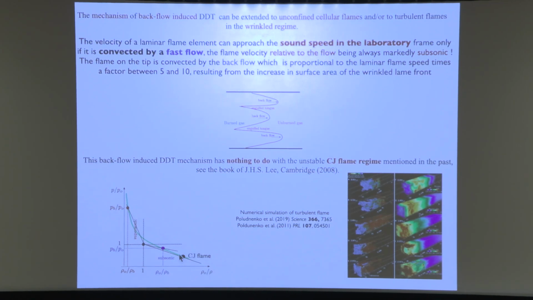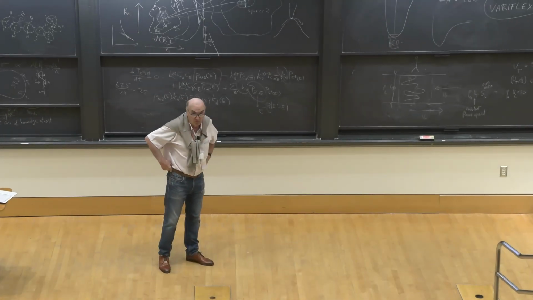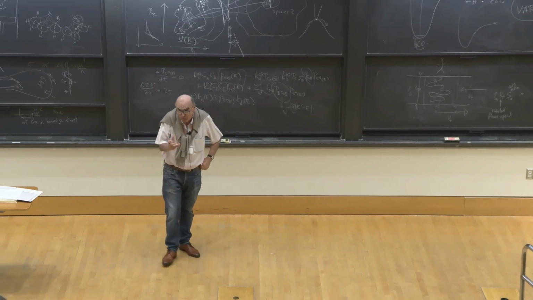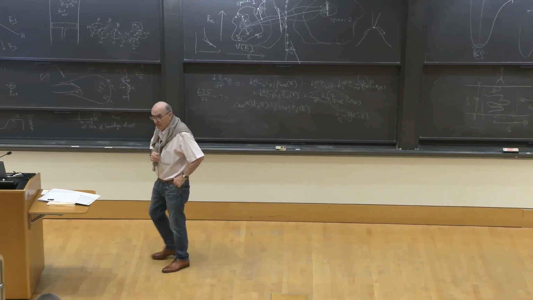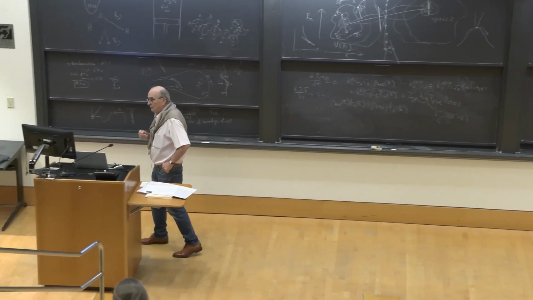He noticed that, and in order of magnitude it is right. So this gives you a flame velocity of typically 100 meters per second, something like that. It corresponds closely to the observation.